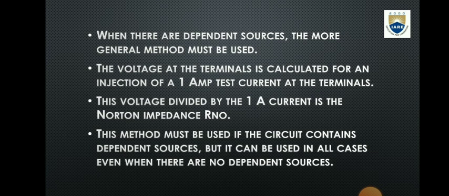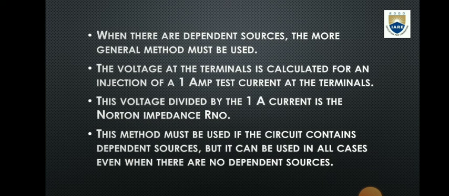Where there are dependent sources, the more general method must be used. That is, the voltage at the terminals is calculated for an injection of a 1 ampere test current at the terminals.